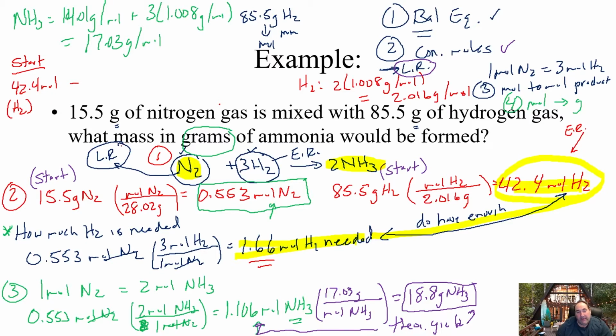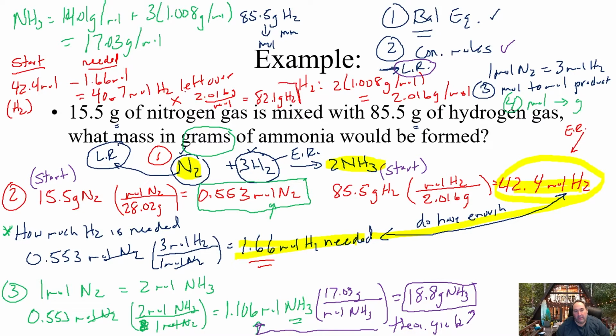We know from our calculation we needed just 1.66 moles, and we could subtract, and that would tell us that 42.4 minus 1.66 gives us 40.7 moles of H2 left over. If we then multiply by the molar mass of H2, 2.016 grams per mole, which is the molar mass from the periodic table, we would have something like 82.1 grams of it left over.